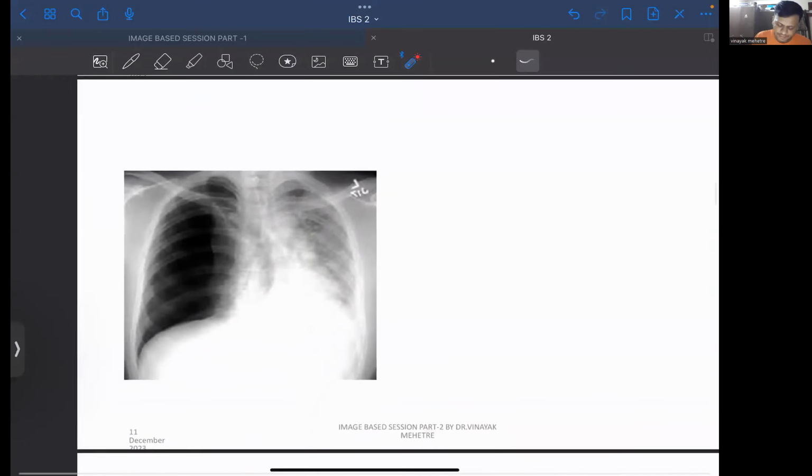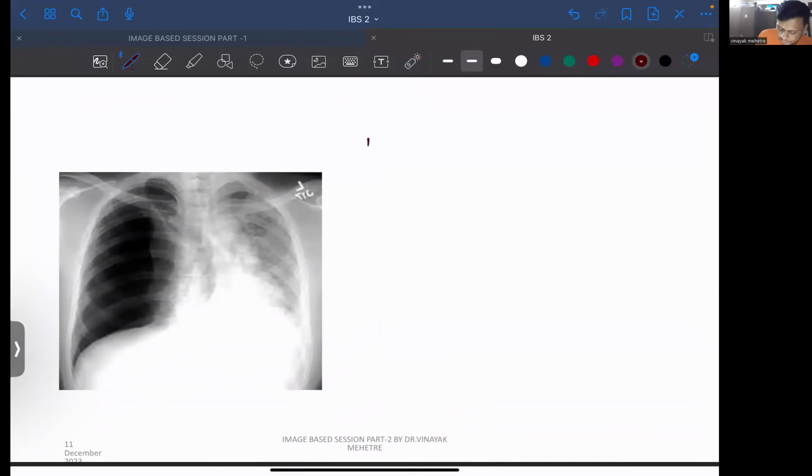So what we will see in tension pneumothorax: features of simple pneumothorax, right?